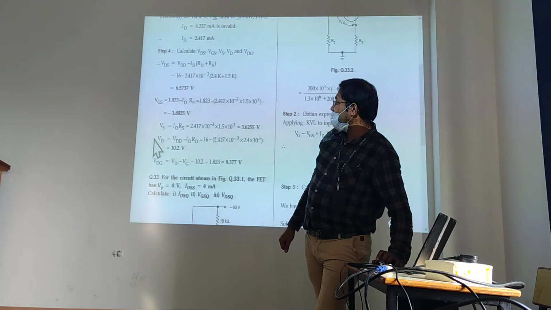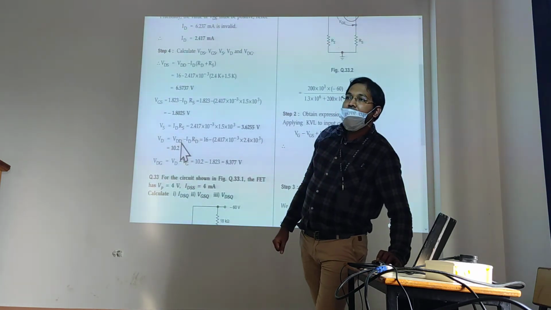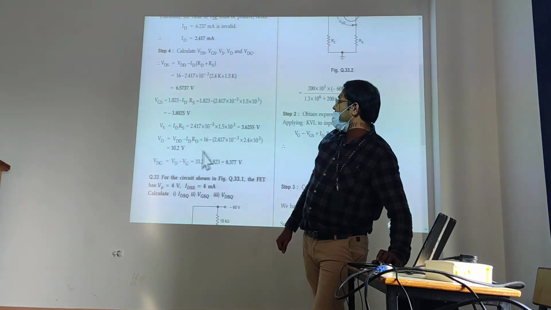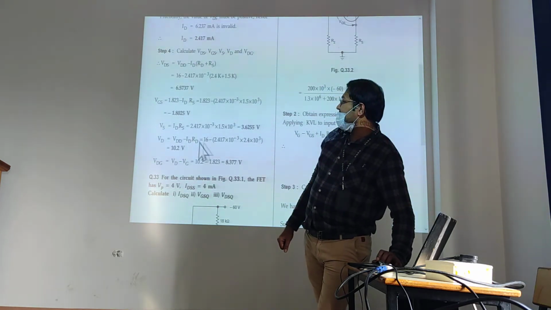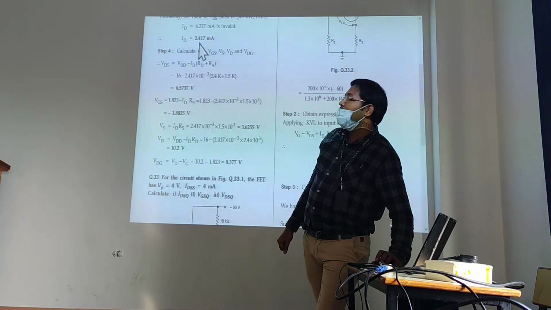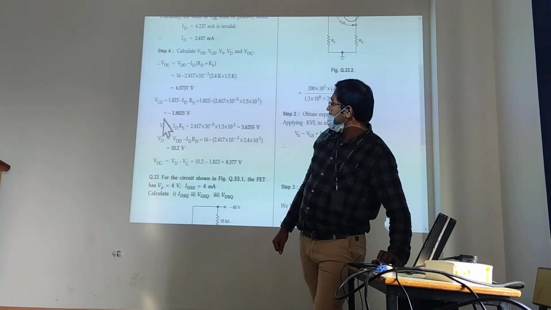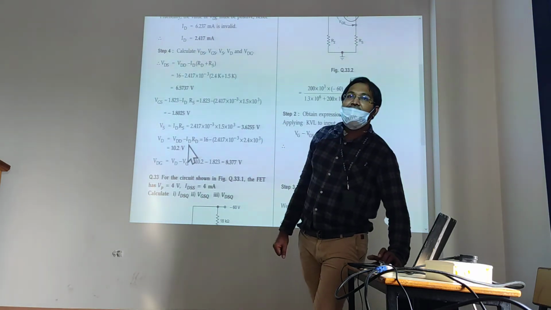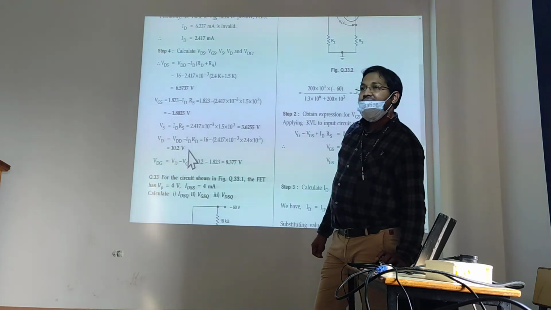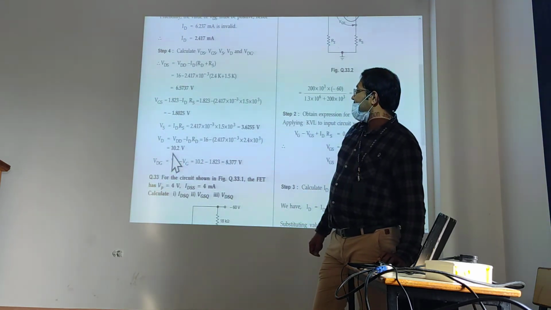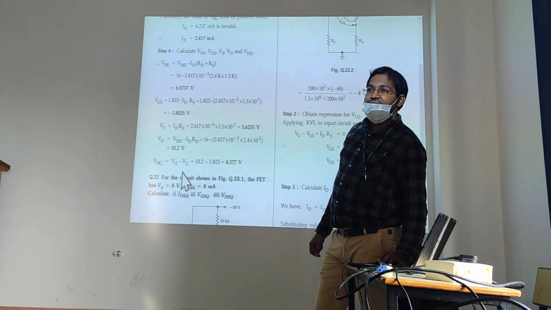Then VDD given in the question, RD given in the question, ID just now we got 2.417. Substituting all that, VD we are getting 10.2. All of you check this answer. Next, last, VDG, VD minus VG.